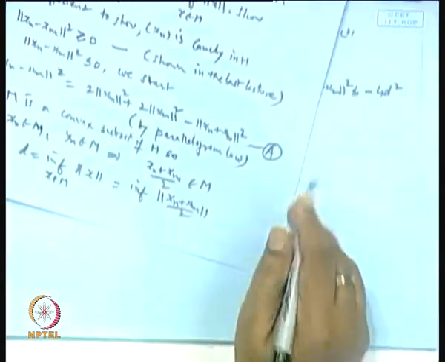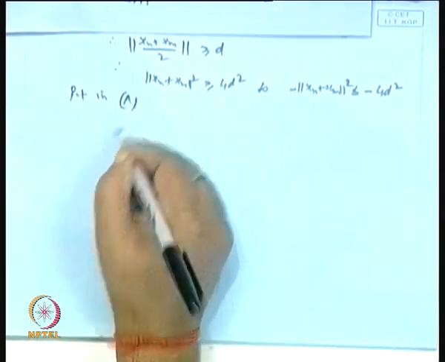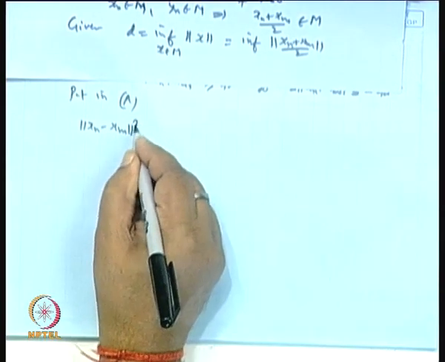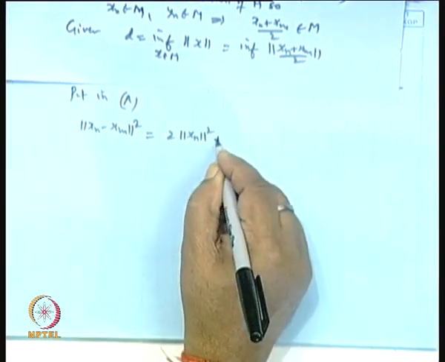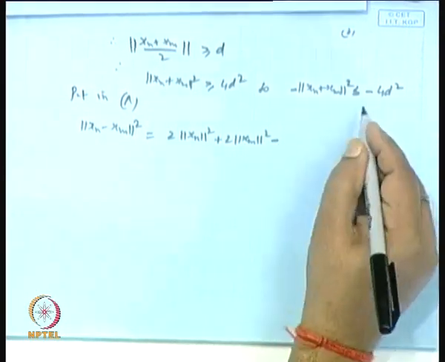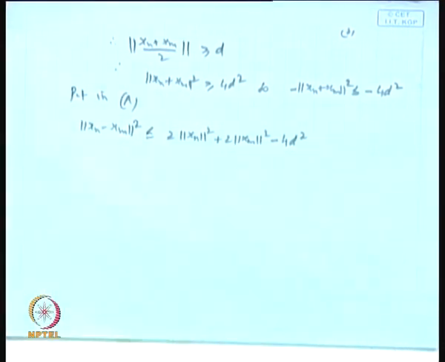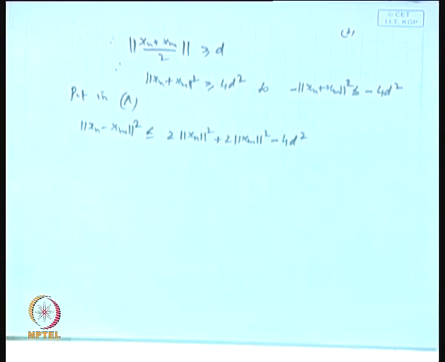Now you substitute it in equation A. Then what we get is norm of x_n minus x_m whole square is less than or equal to 2 times norm x_n square plus 2 times norm x_m square minus 4D square. Is it clear? This was the crux: because M is a convex set, that is why we are getting less than or equal to.